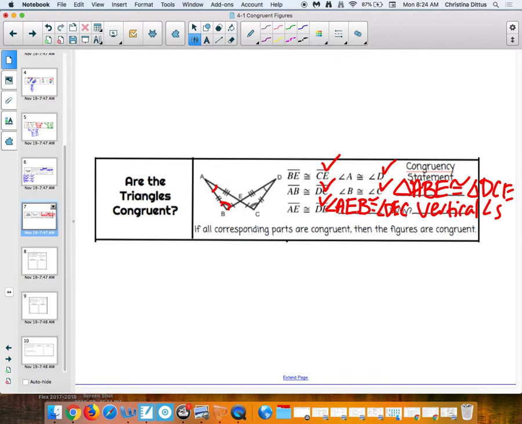So you have to go one arc, two arcs, and then E. So why do we go through all of these? We only have three sides of a triangle, so all of our sides are the same. We only have three angles of a triangle. All of our angles are the same. So if everything exactly perfectly matches, we can say the figures are congruent. So if every side, every angle matches, the triangles have to be the same.